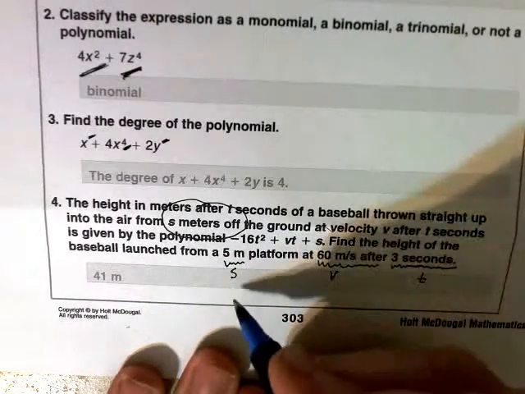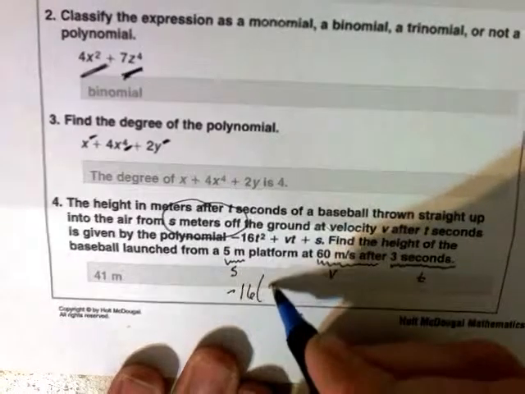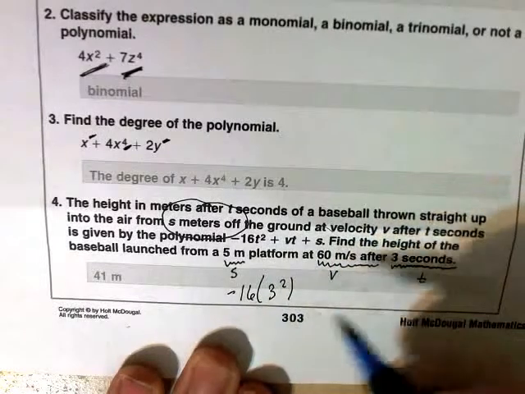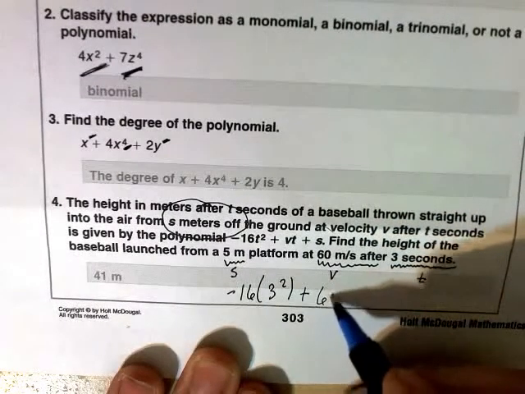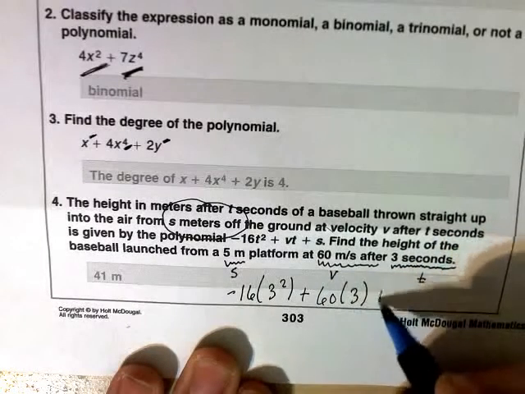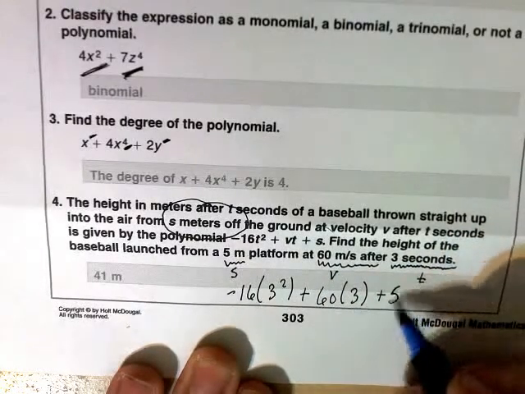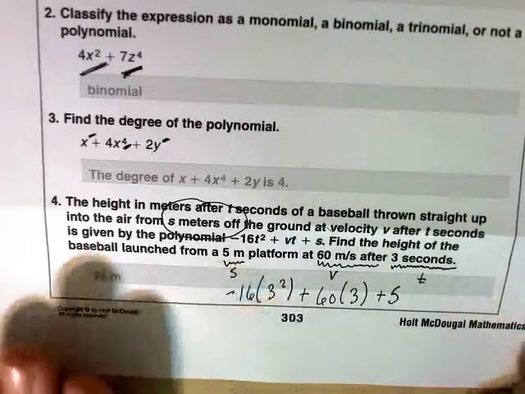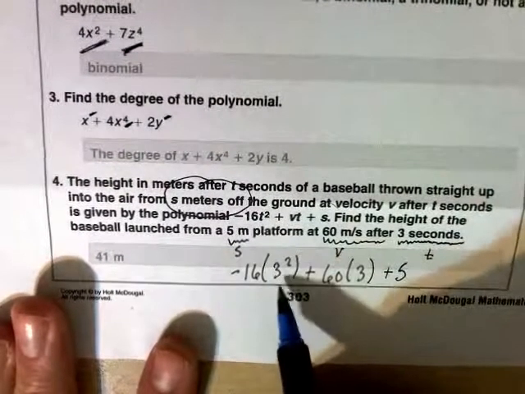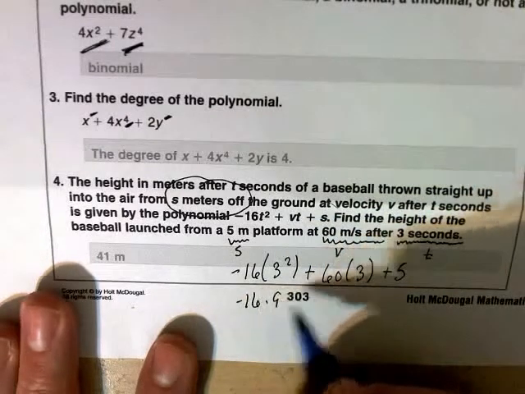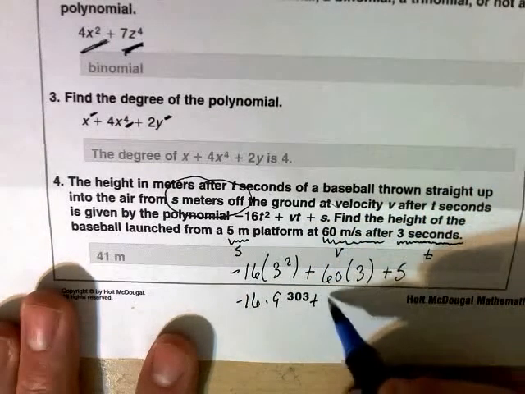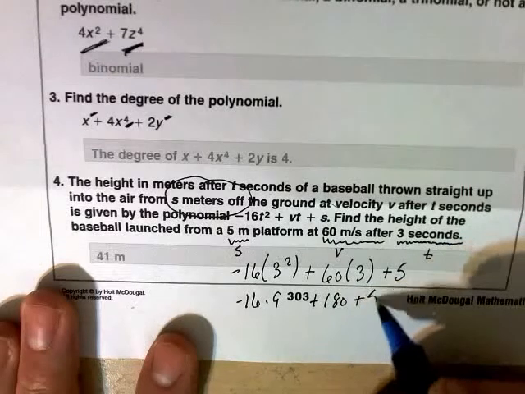So I've got negative 16 times 3 squared plus 60 times 3 plus 5. Well, of course, order of operations tells me to do this first, so it's really going to be negative 16 times 9 plus 60 times 3, 180, plus 5.